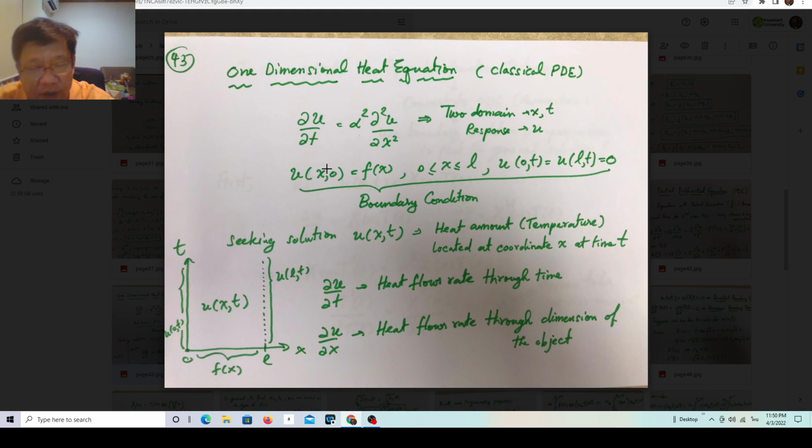You will learn in a physics course how a mathematical physicist can derive this equation. So u(x,t): the rate of change of u over time is equal to some conversion unit times the acceleration of u over the dimension that you are interested in. This is the equation we call the heat equation, physically.